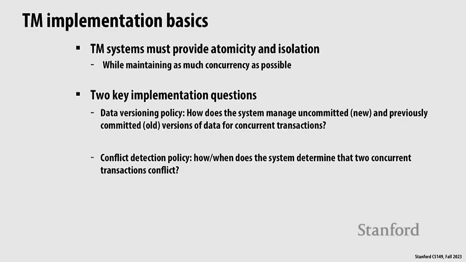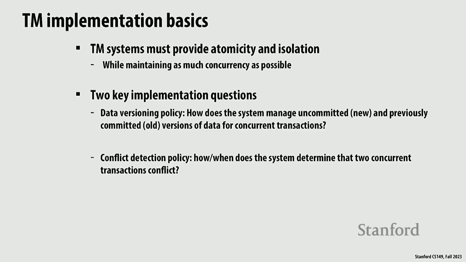And in thinking about a set of transactional memory implementations, there's an implementation space that is defined by how you deal with the transactional memory state, which is called data versioning. So how you deal with the uncommitted state that a transaction hasn't committed yet, and the committed state that a previously committed transaction has already updated.